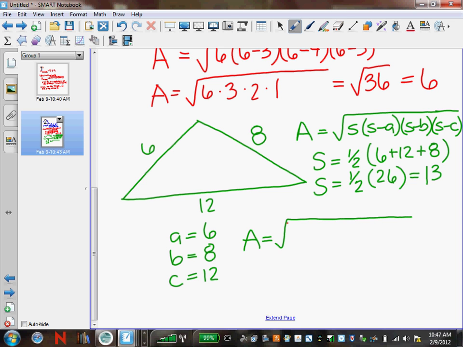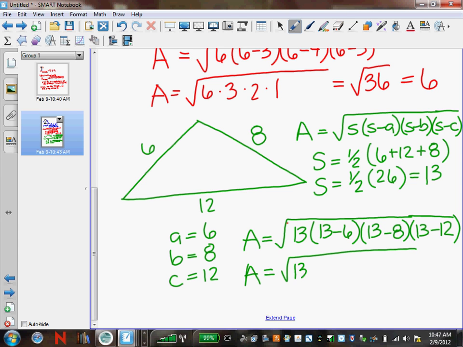So now we're going to put it into the formula. 13 times 13 minus 6 times 13 minus 8 times 13 minus 12. So 13 times 7, sorry, let's rewrite that.